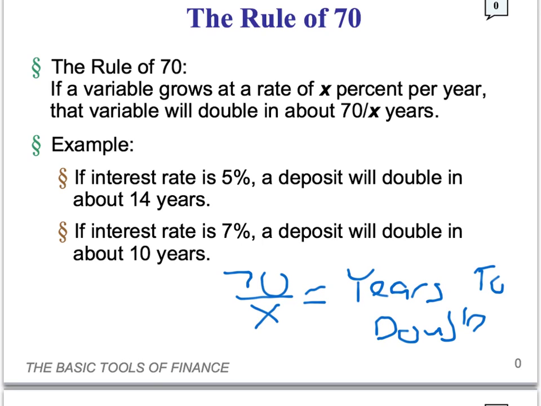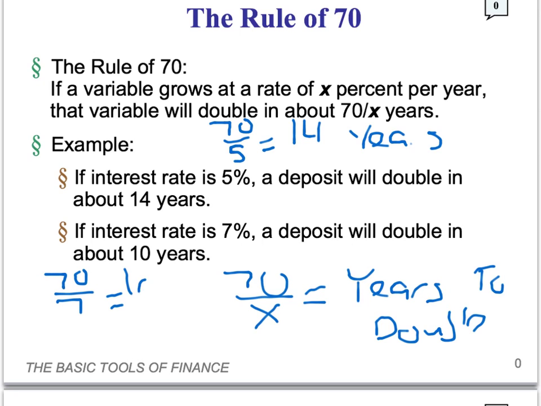So here, at a 5% interest rate, 70 over 5 equals 14. So it will take 14 years to double. At a 7% interest rate, it will be 70 over 7, which will equal only 10 years. So you'll see how the interest rate on a deposit makes a significant amount of money.